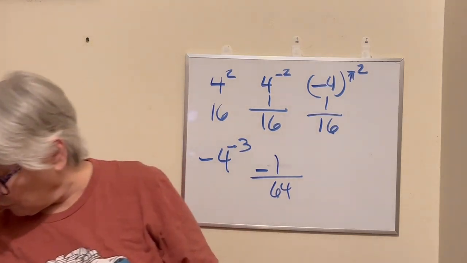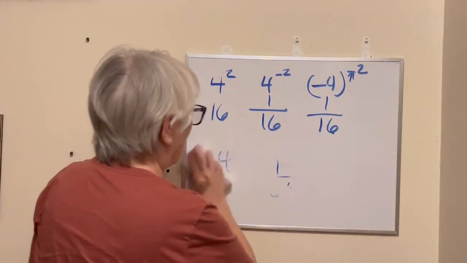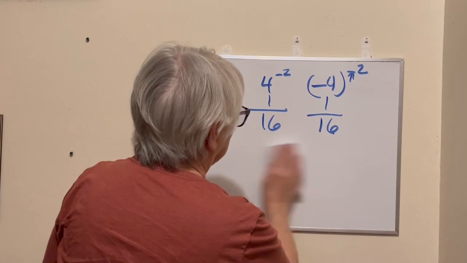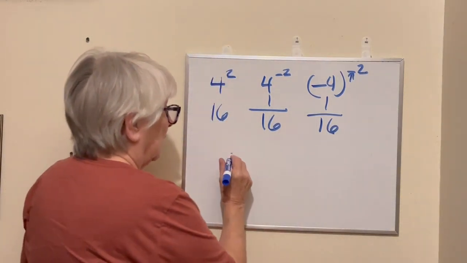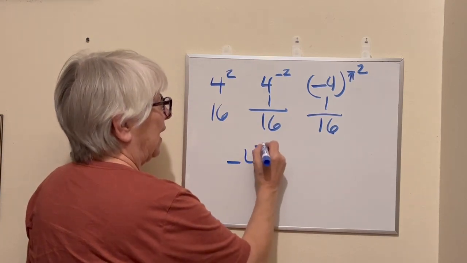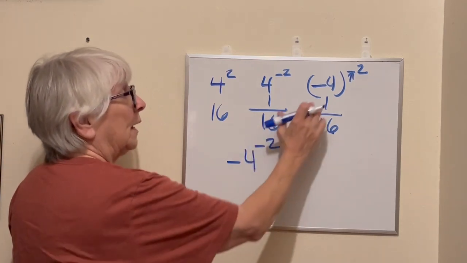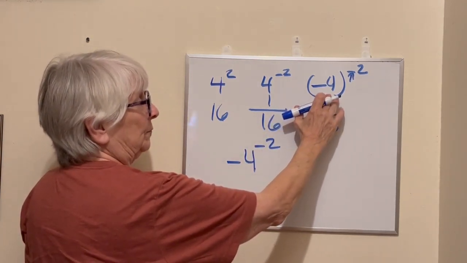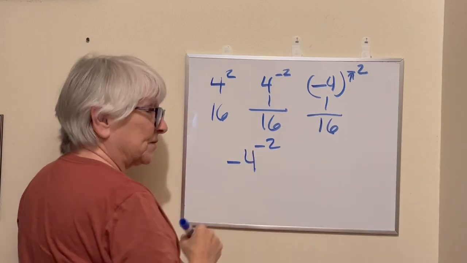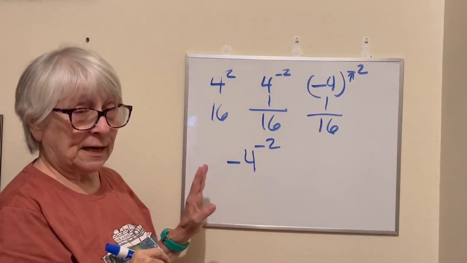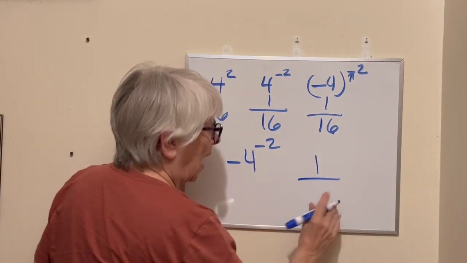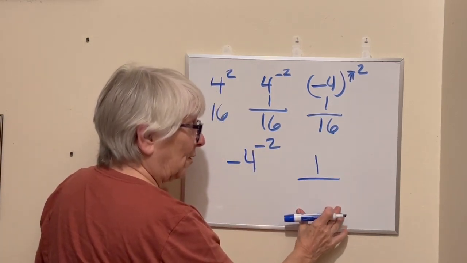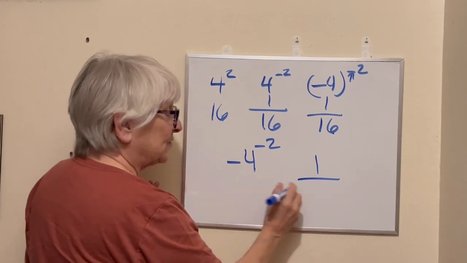Let me erase this and just write one more thing. So you can see, negative 4 to the negative 2. It looks a lot like this one, except it has parentheses. Okay? The negative 2 brings it down to the denominator. We know it's going to be on the denominator. That negative sign stays.